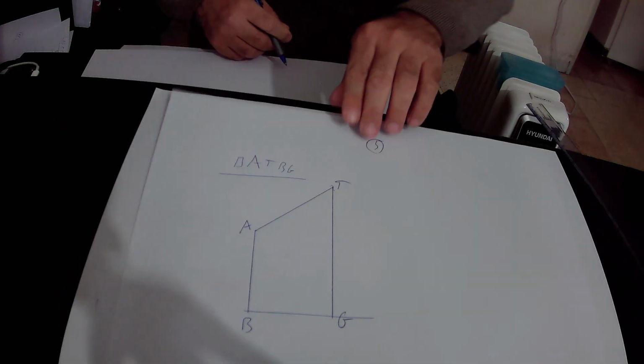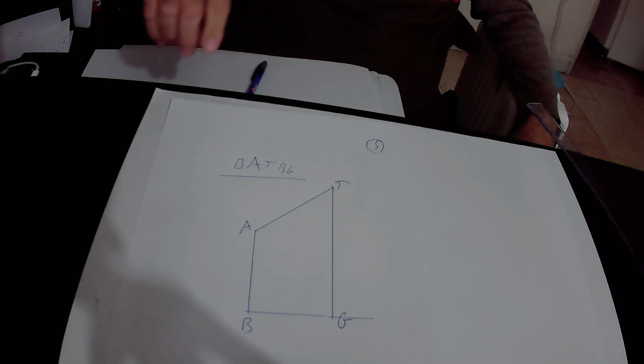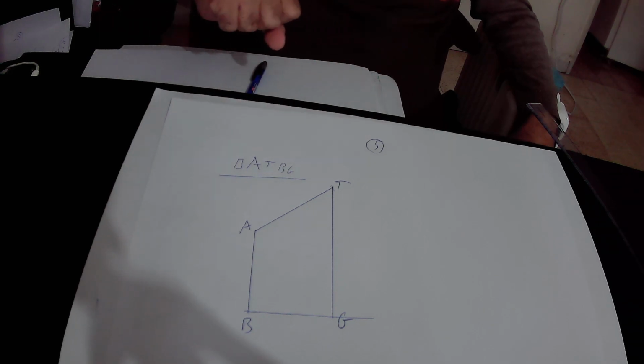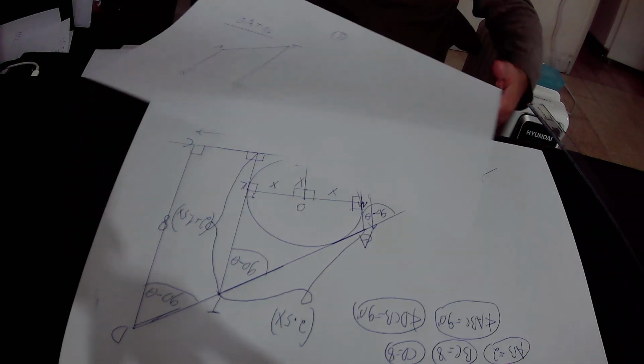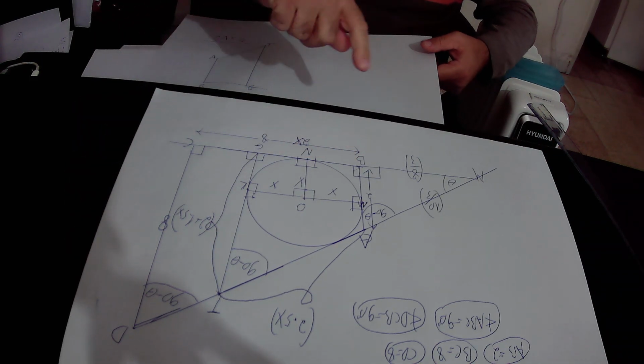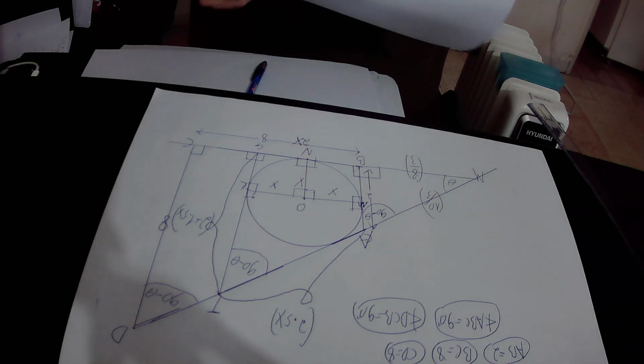Okay, this is quadrilateral ATBG that I copied from the original drawing. This quadrilateral ATBG blocks this circle, so I copy the circle into our quadrilateral here.